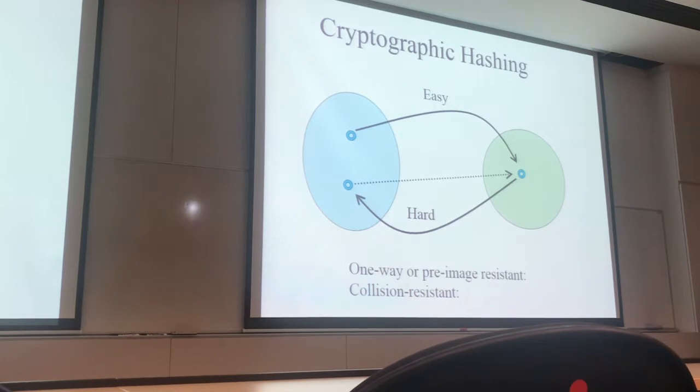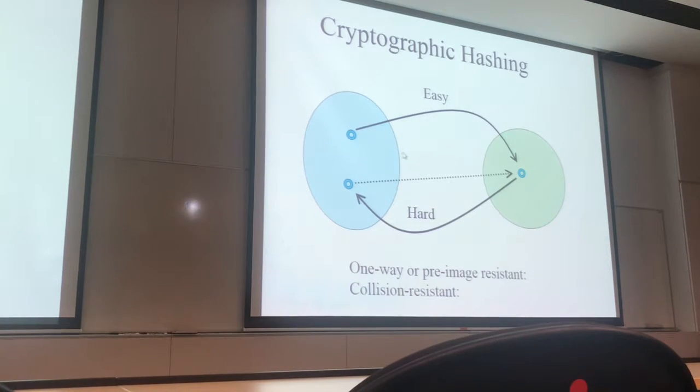So this picture illustrates the two properties. First is one-wayness. One-wayness means given the input, it is easy to compute the output. However, given the hash output, it is difficult to find the input. However, the input may not be unique. So we require that given the output, it's difficult to find any valid input.